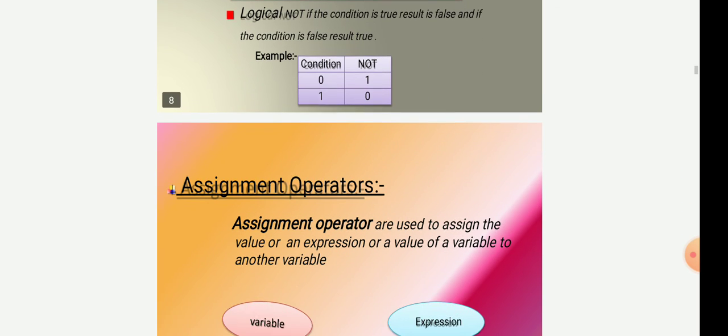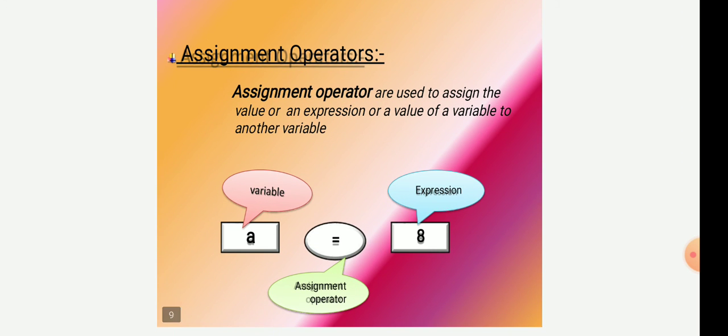Then we have our assignment operator. So dear students, why are we using the assignment operator? These operators are used to assign a value, or if we want to assign the value of a variable to another variable, then we use the assignment operator.